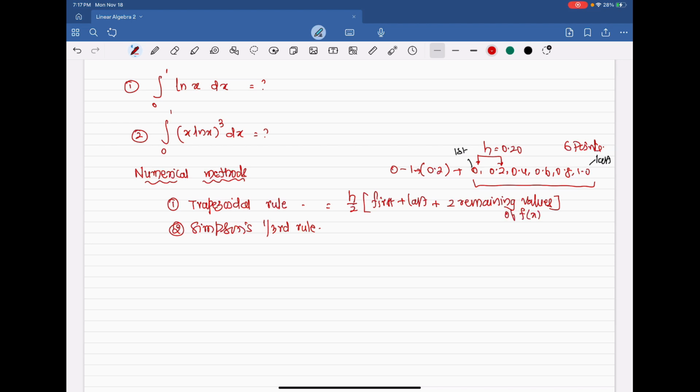The interval is 0 to 1, that is x. X is divided into different parts, that is into 6 parts.